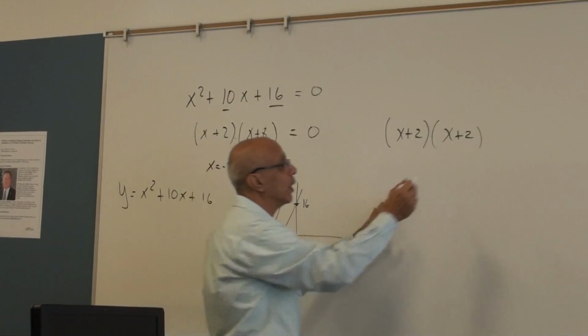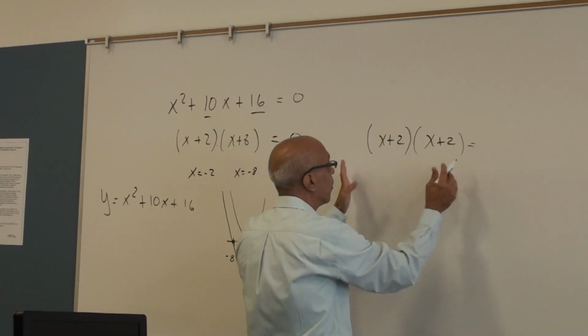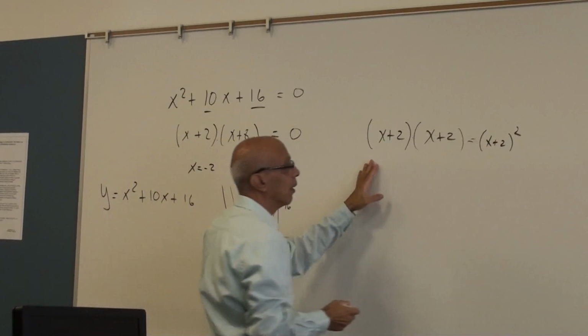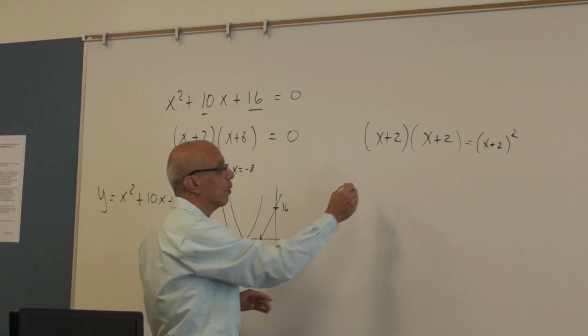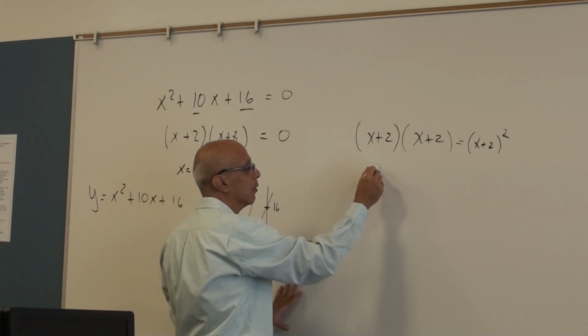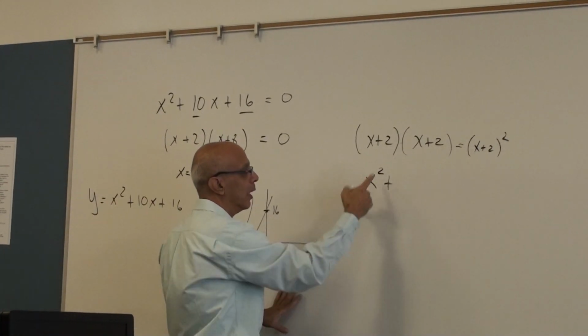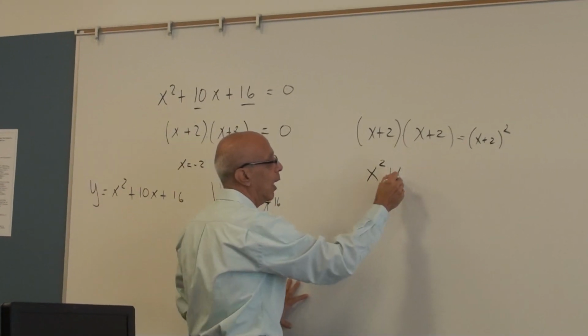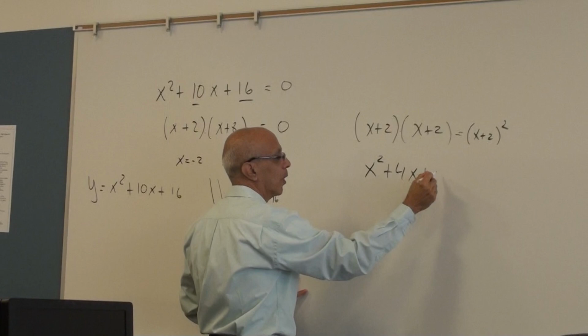And this is what we call a complete square, right? This is x plus 2 squared, and what is that equal to? What would the quadratic equation look like? It's going to be x squared plus 4x plus 4, right?